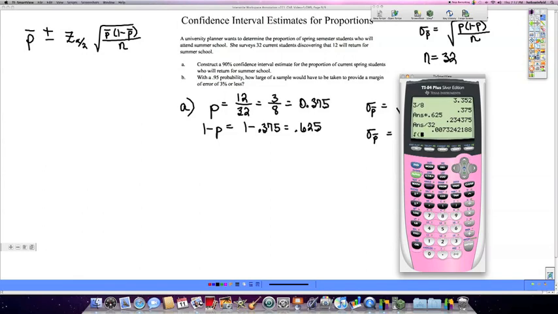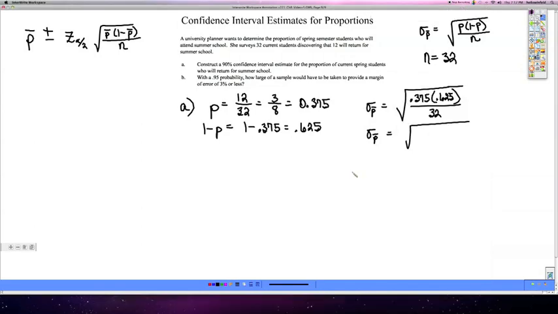And then of course we have to square root that value. The standard error of the proportion is 0.0856.